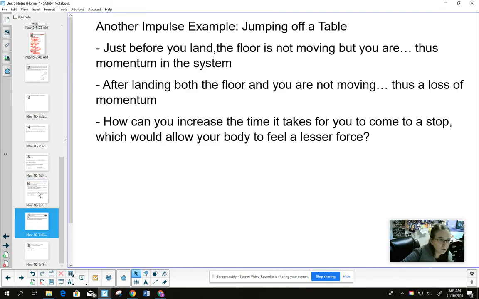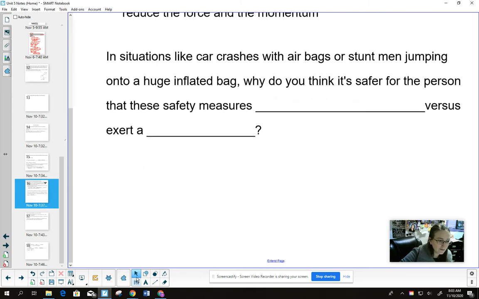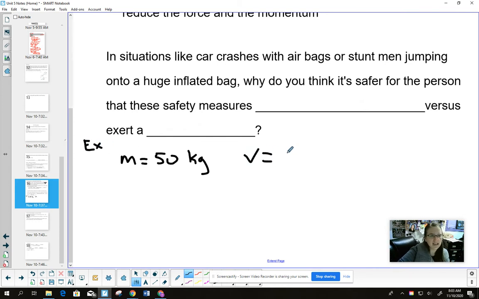And I'm going to show this real quick, just as a quick example for you to follow along with. Say that your mass is about 50 kilograms. This is a little example we're doing here. And your velocity, let's say you're falling, why not, off a building, is 10 meters per second.